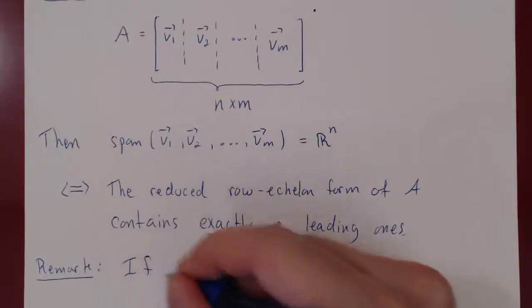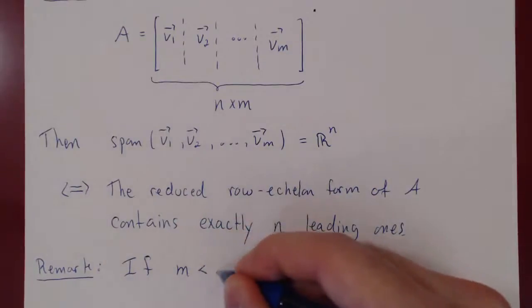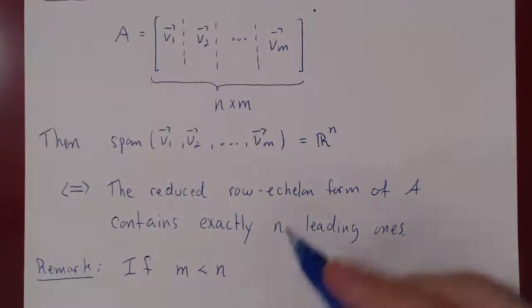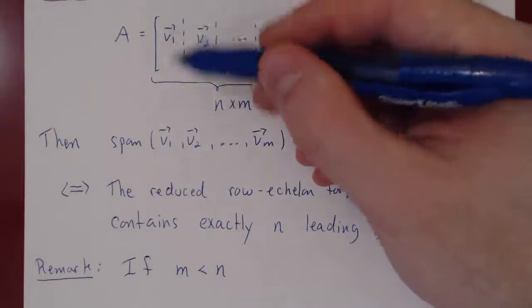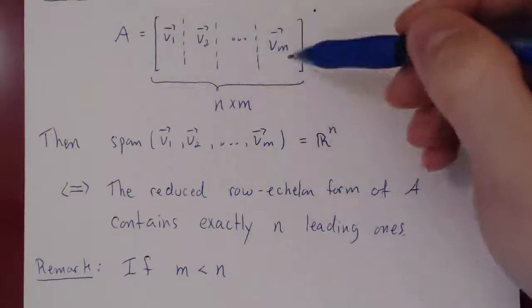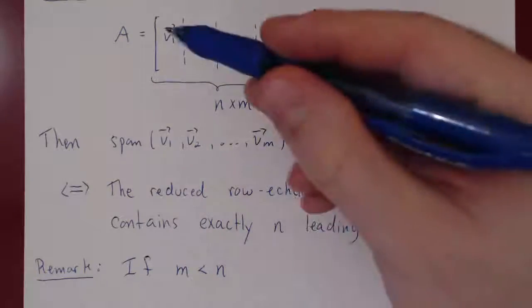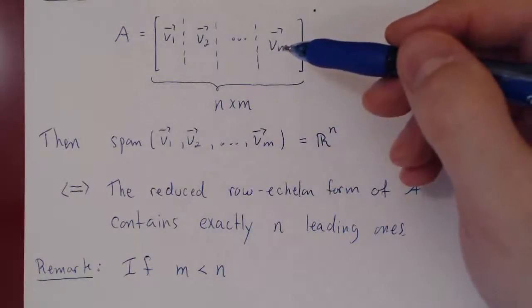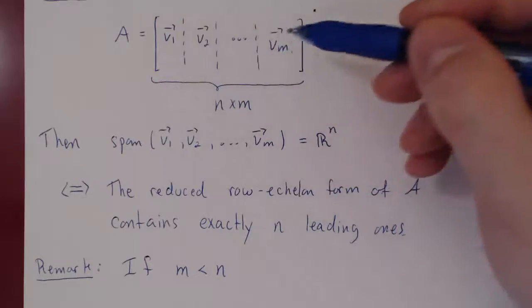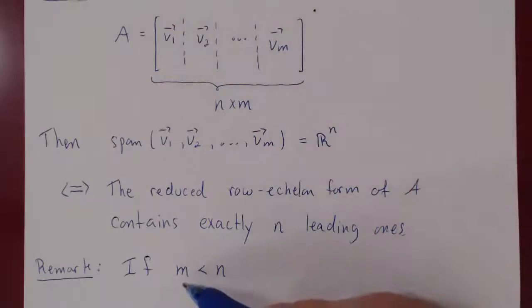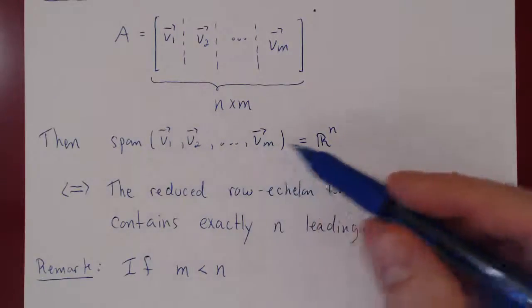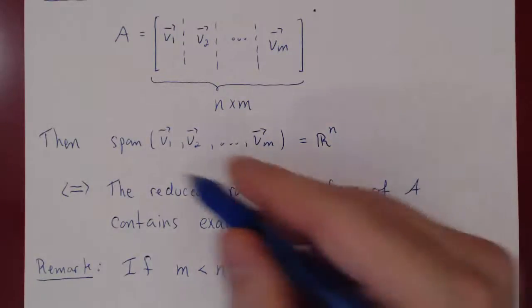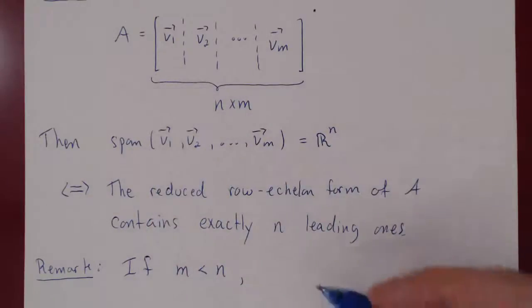And that's a shortcut. If m is strictly less than n, the number of vectors is less than n, then you have fewer columns than n. So if you have m columns, you can have at most m leading ones, which will always be strictly less than the n that you need. So if you have fewer than n vectors, the vectors do not span Rn.